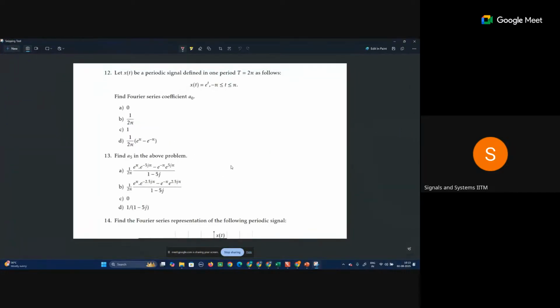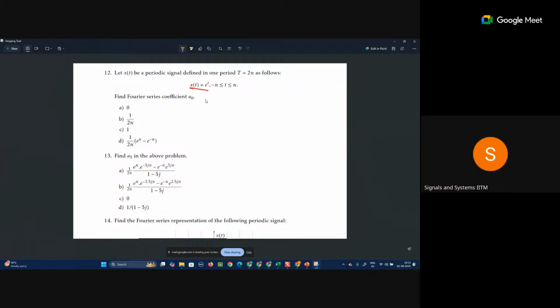So here they have given x of t is a periodic signal, which is having time interval as 2 pi, and x of t is e power t from minus pi to pi. So now let's draw the grid. This is the input, the signal they have given.